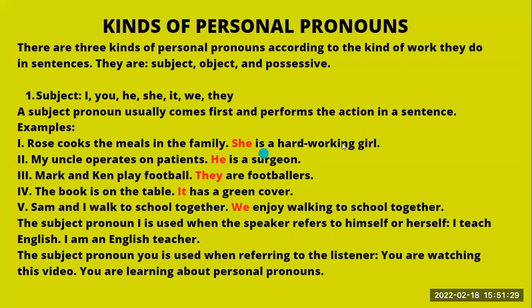All right? She is a hard-working girl. Now, who cooks the meals in the family? Rose. And that is she. All right? She cooks the meals. And she is a hard-working girl as well.